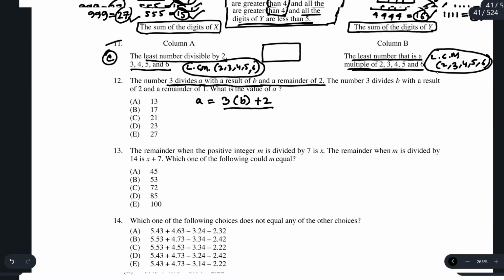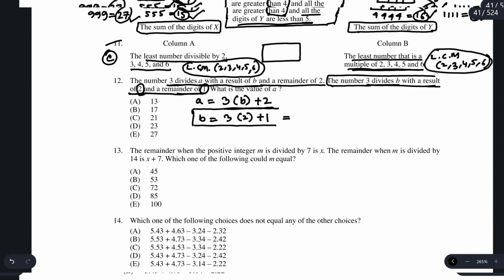In the next part, we are given that the number 3 divides B with a result of 2 and a remainder of 1. So B equals 3 multiplied by 2 plus 1, which is 7.